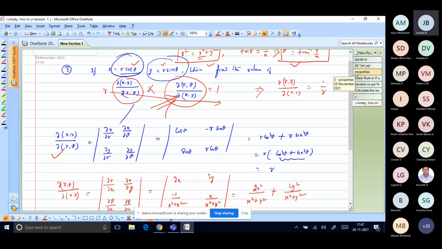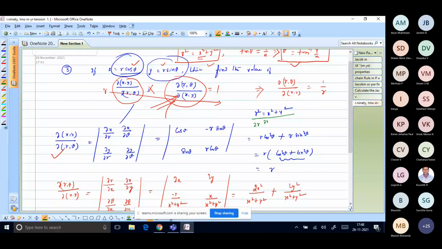Sir, in the equation we have r square equal to x square plus y square. I should take r, I think that is why the mistake is coming. See, we have r square equal to x square plus y square. Okay. So when you differentiate with respect to x, it is 2r times del r by del x, and that is equal to 2x.